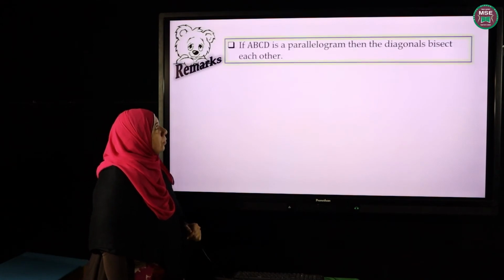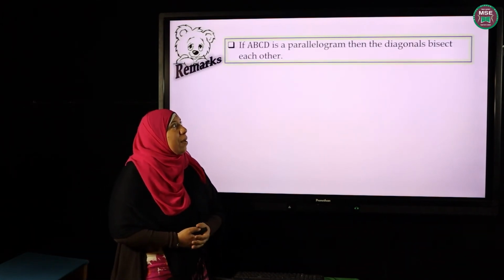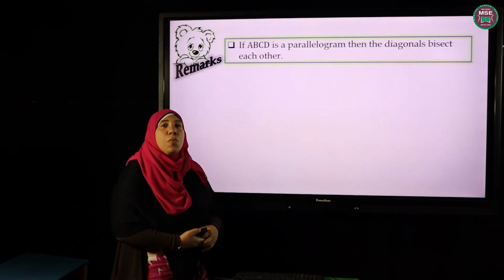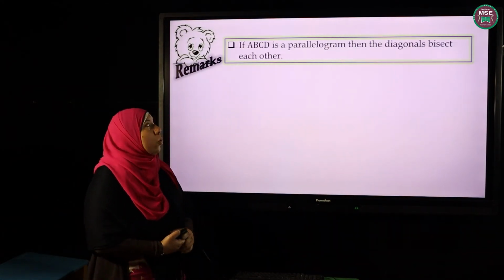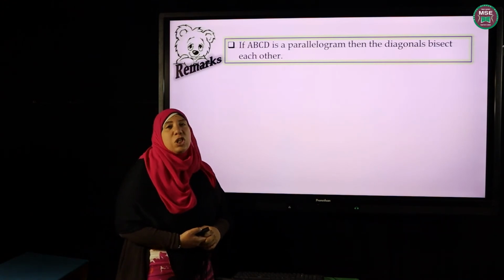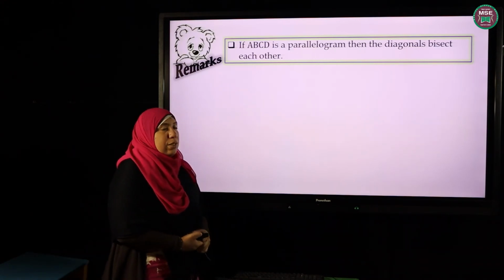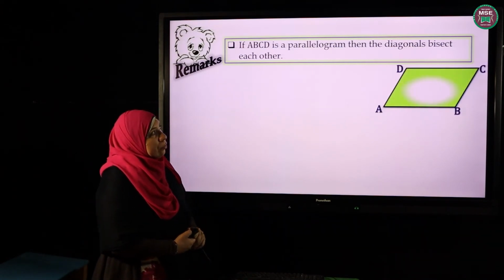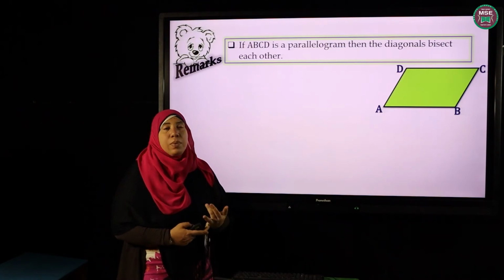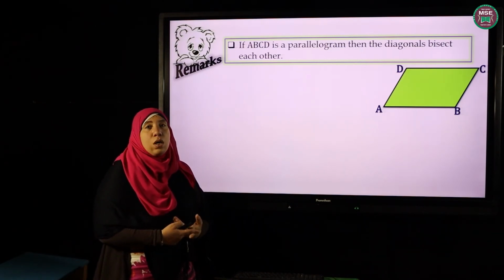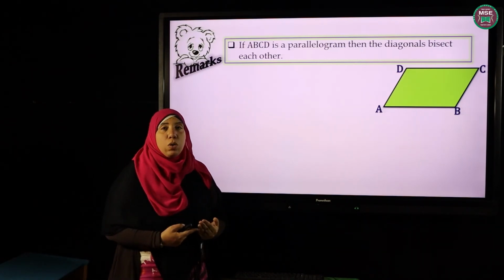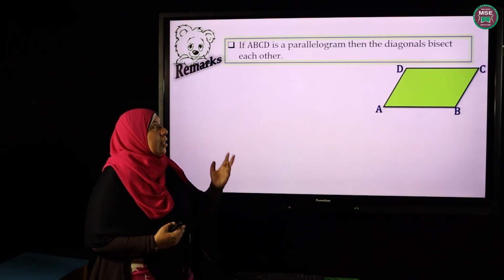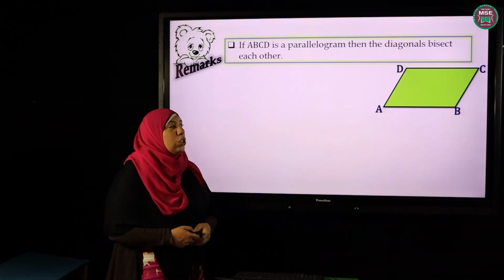Another remark: if ABCD is a parallelogram, the diagonals bisect each other. This is a remark for all parallelograms, and it's a special case. It means I can use this rule with a parallelogram, rectangle, rhombus, or square, the 4 parallelograms.